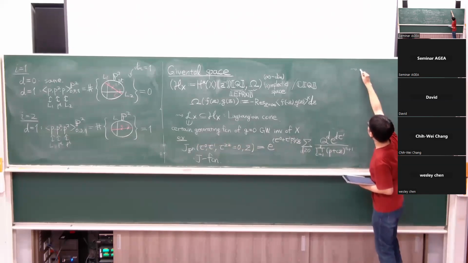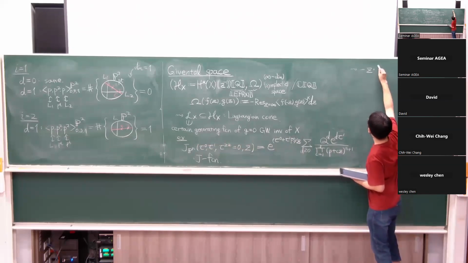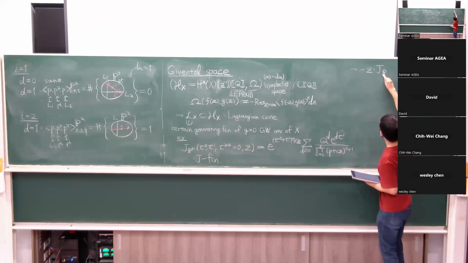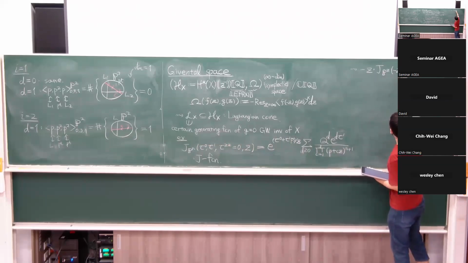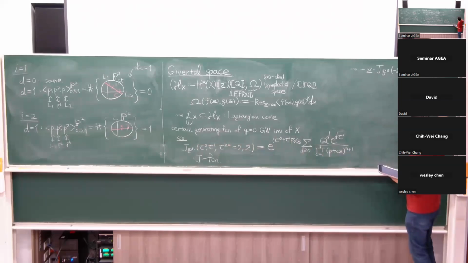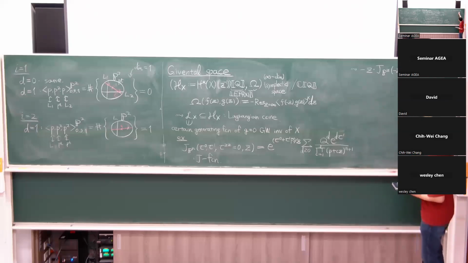Then, by reversing the sign and multiplying by minus z, it is an element of the Lagrangian cone.